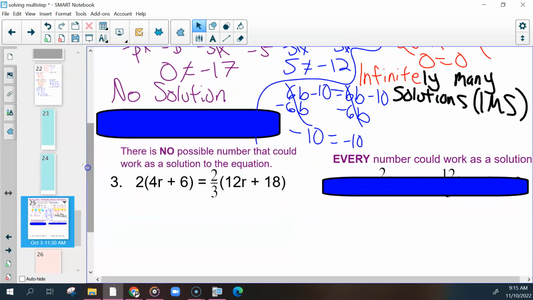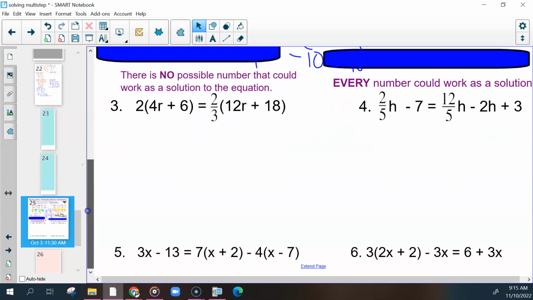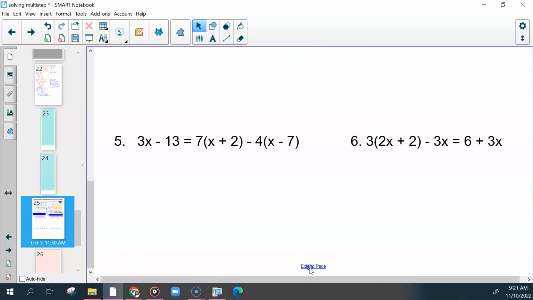I'm going to have you try a couple. Let's do 5 and 6. Try numbers 5 and 6, and then we'll come back and talk about those. If you finish relatively quickly, check with the people around you, see if they got the same thing. What did we get for 5?